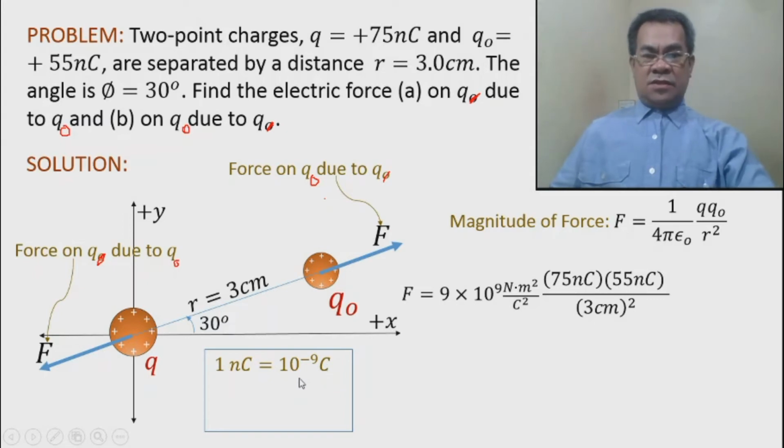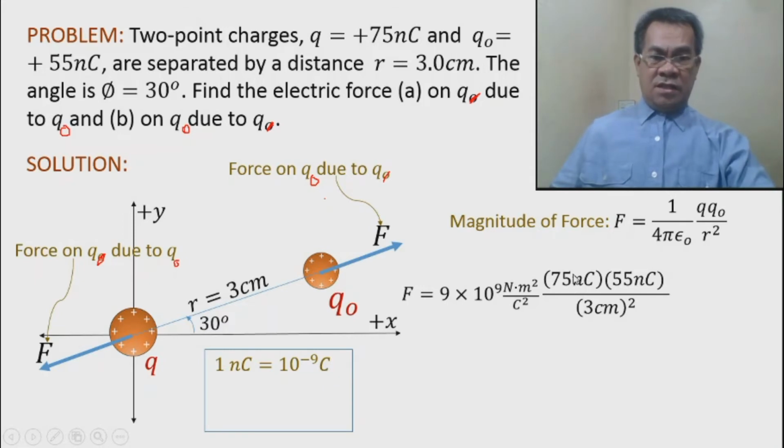In order to convert nano, you have to multiply by 10 raised to negative 9 in order to produce coulomb. So you can easily multiply this, then convert it to coulomb. By the way, if this is mu, it means micro. So for 1 microcoulomb, it should be 10 raised to negative 6 coulomb.